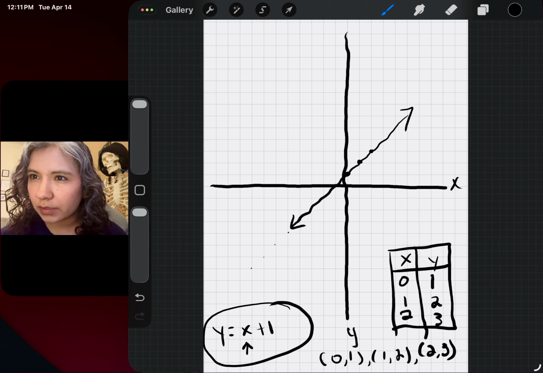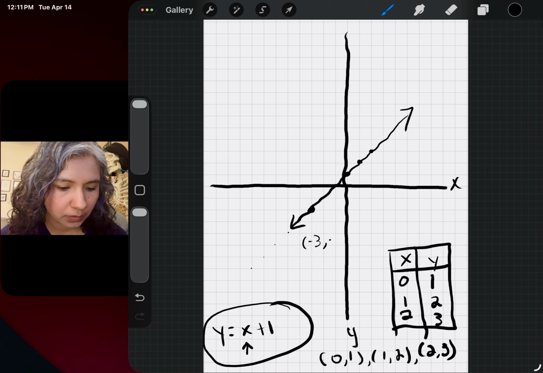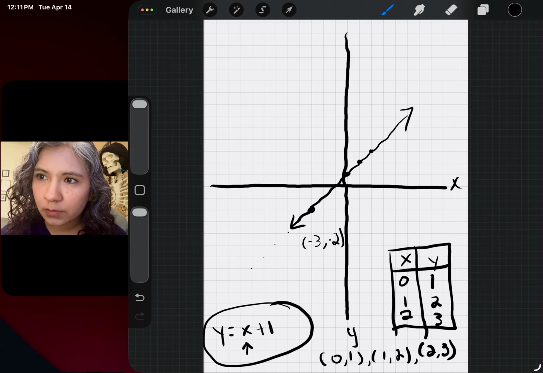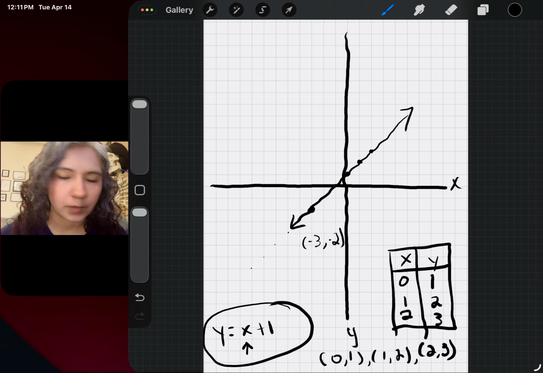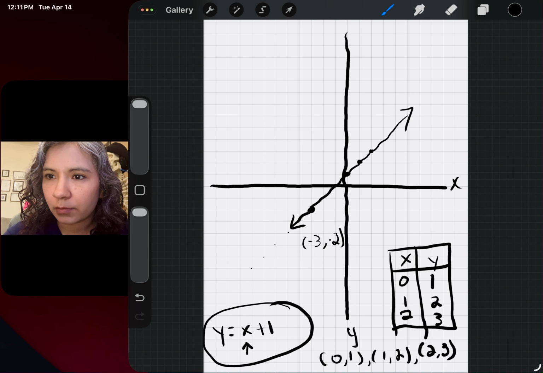So like this point here, which is x is -3, y is -2. Those should go in this equation.